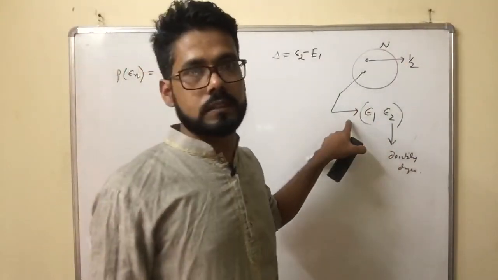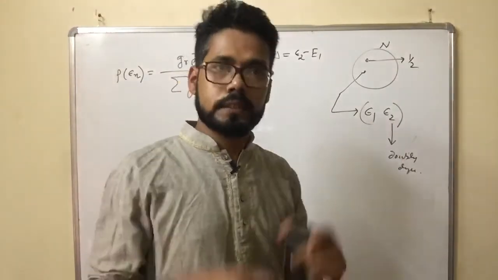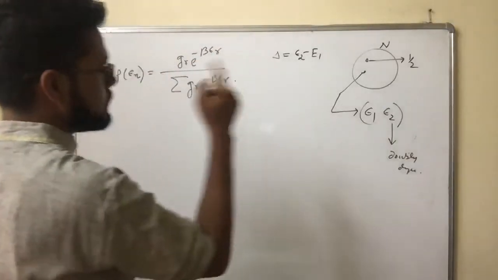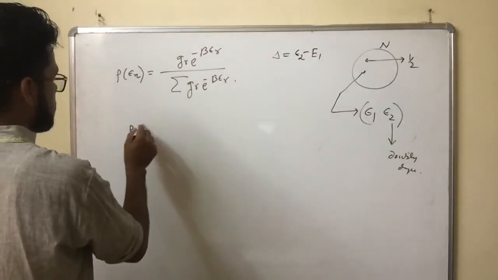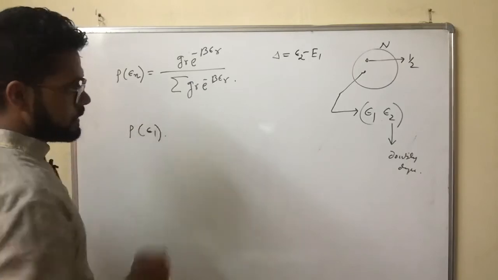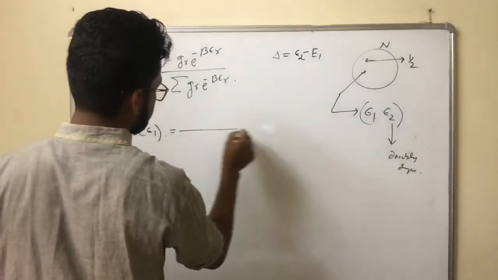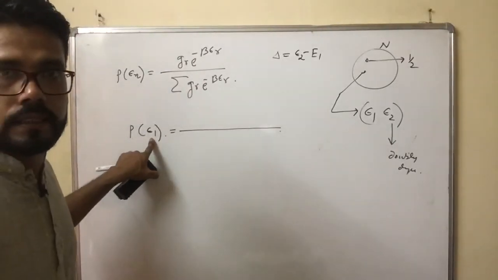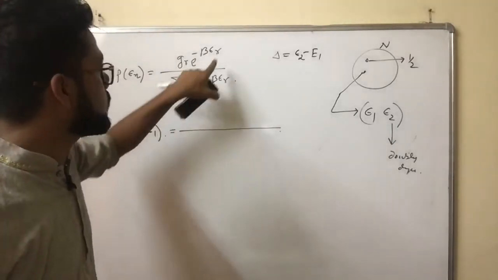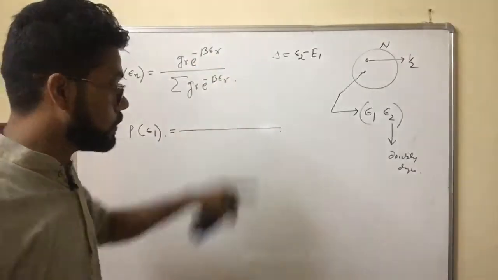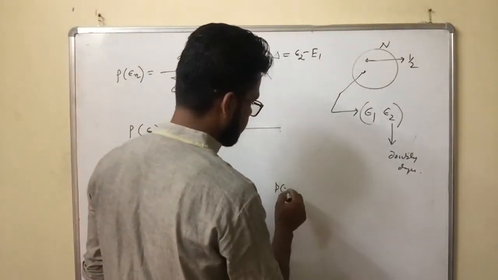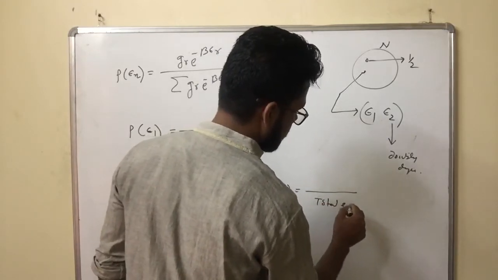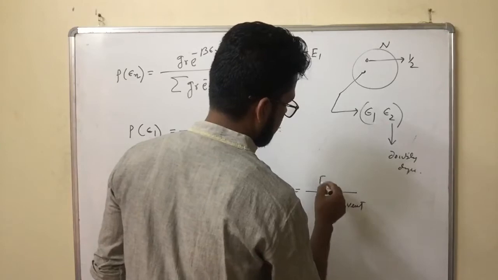But now the question is E2 is degenerate, so you have to recall the degenerate formula. Now I have to find the probability in the E1 state. Whenever you encounter the E1 state, this is the favorable event, and it must be in the numerator. How can you remember? This is probability: favorable event over total events.